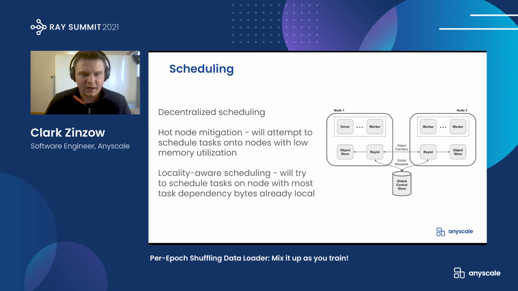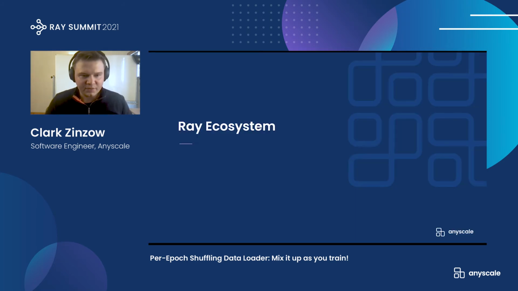We also have locality-aware scheduling, where we'll try to schedule tasks onto the node with most of the needed task dependencies, most bytes already local to that node. And this minimizes object transfer, which provides faster task execution, and also minimizes network saturation, making the cluster as a whole more reliable.